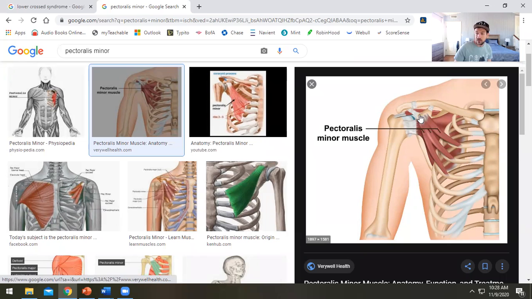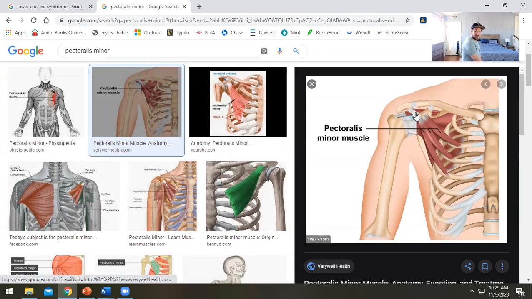Pec minor grabs this. So your pec minor is not involved during a chest fly, but it does go like this. It pulls your scapula forward, and it's also grabbing the top of your scapula, so it also tilts your scapula this way, because it's pulling down on it like that. So it's pulling it forward.